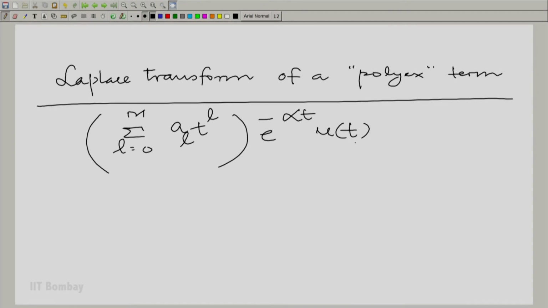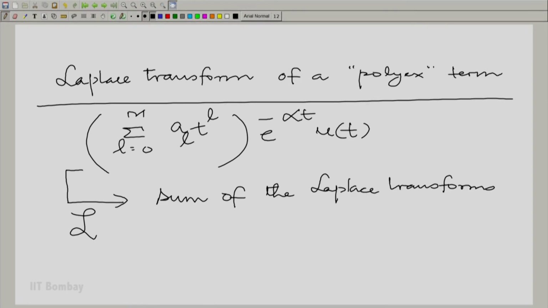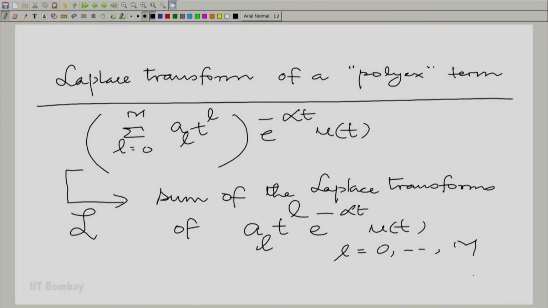Now, the Laplace transform of this is the sum of the Laplace transforms of the individual terms. Now, each of them can be obtained by using the differentiation property repeatedly.